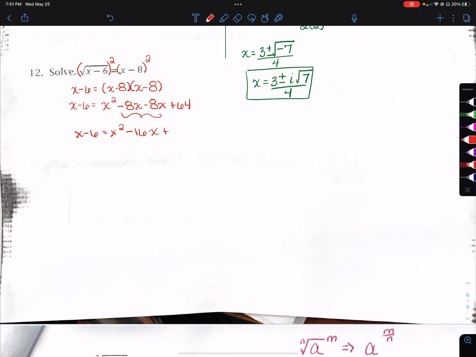Then we're going to move everything over to the other side, so it's set equal to 0. So I'm going to have x squared, subtract this x from both sides, so that gives me negative 17x, add 6 to both sides, and that gives me positive 70.